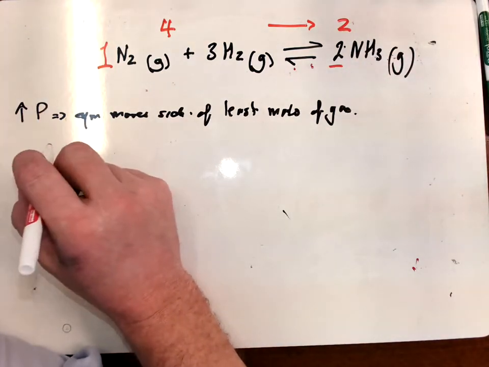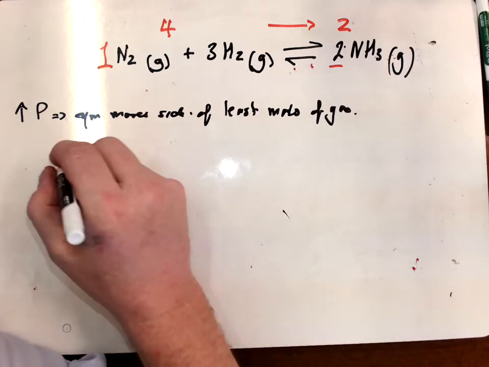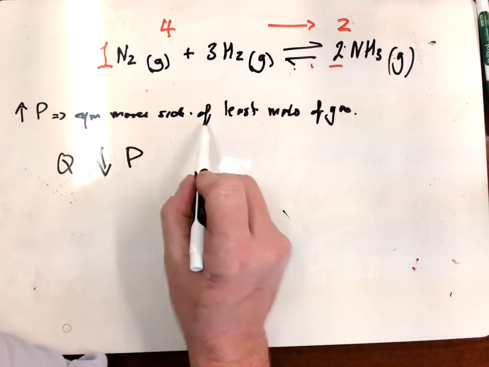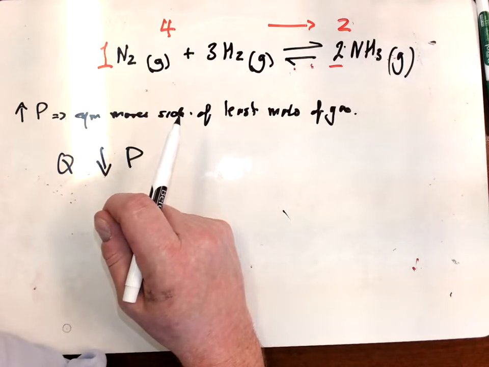So in this equilibrium, let's say the question is, what would happen if you decrease the pressure? Well, if I increase it, it moves to the side of least moles. So logic tells us that if I decrease the pressure, it'll move to the side of most moles.